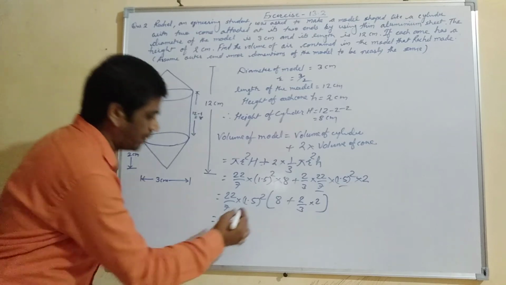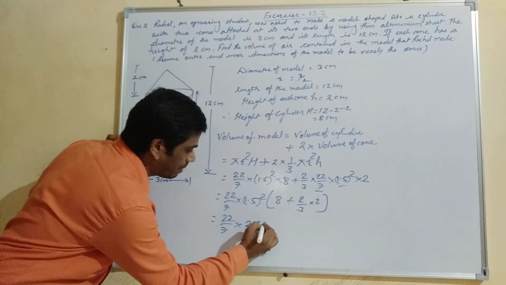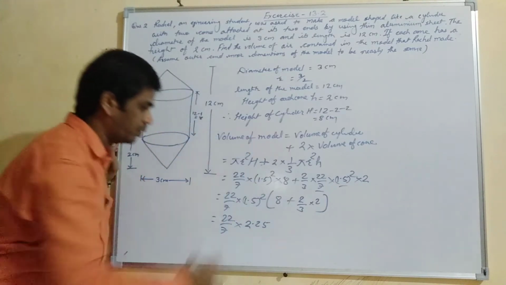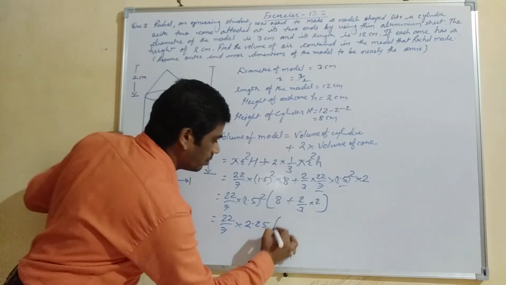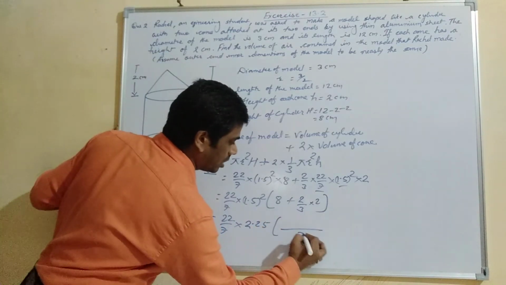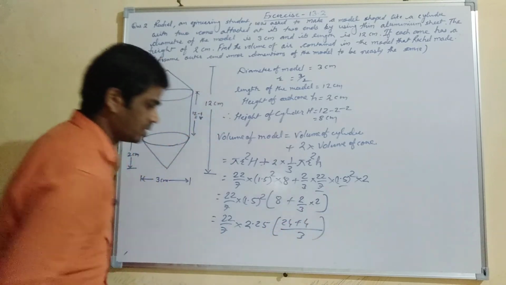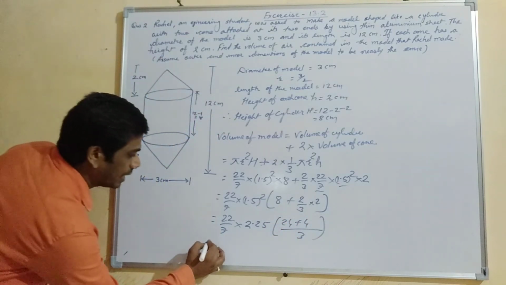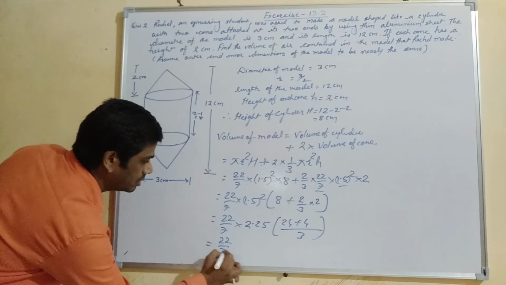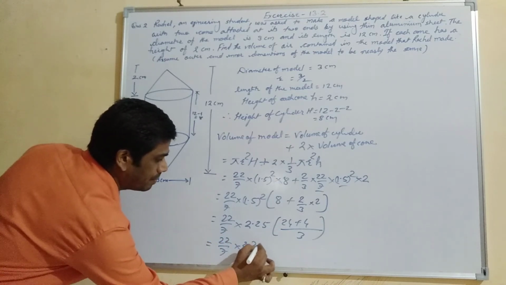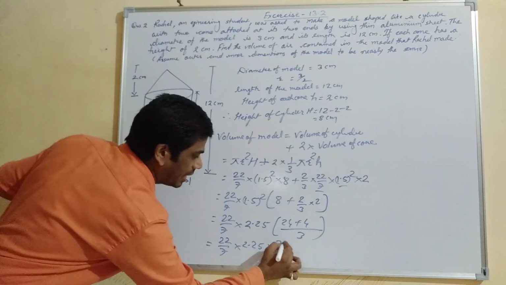The square of 15 will be 225, and before 2 digits we will put the decimal. Then we will take LCM here, 3. This will be 8 3s are 24 plus 4, which means we'll get here 22 upon 7 into 2.25 into 28 upon 3.